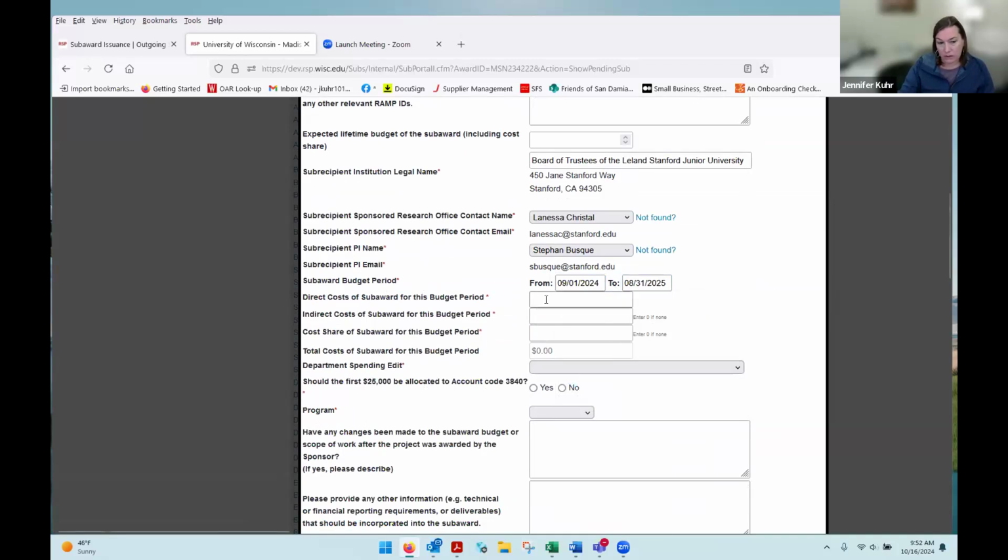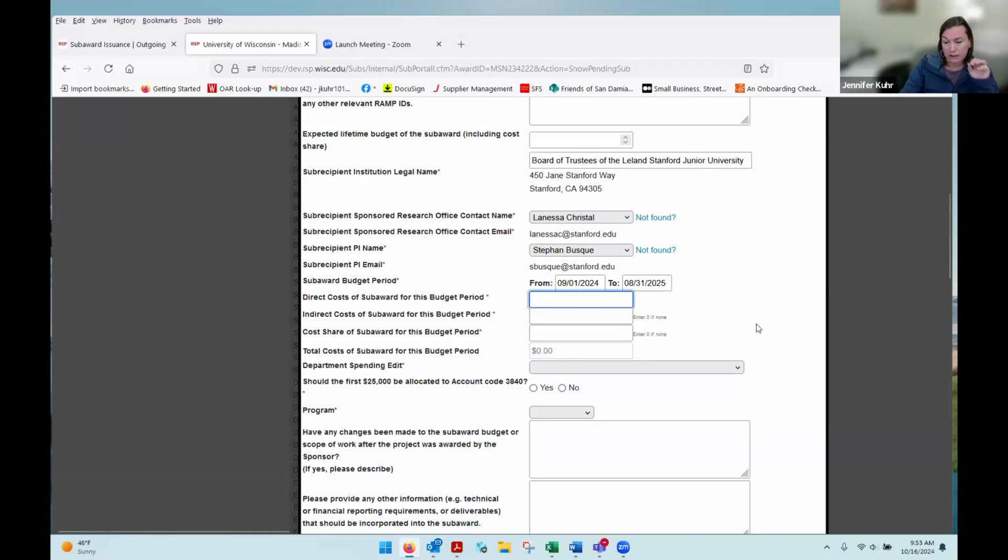And then this is where you enter in the direct cost and indirect cost for the subaward. This is strictly for the subaward. We do not enter in UW indirect costs that are assessed on the subaward. So in RAMP, you are entering in the subaward as all direct costs. But in the portal, we just care about what the funds are that we're giving to the subawardee.